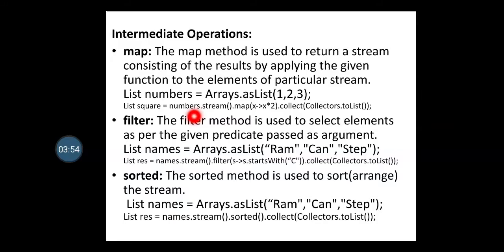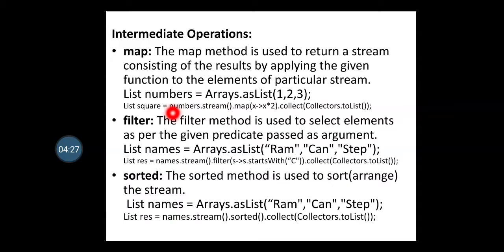The numbers is of type List, so List is a class, right? For that numbers object we are going to store some values as 1, 2, 3. We convert the given values into a list, and we have stored those values in the object named numbers.